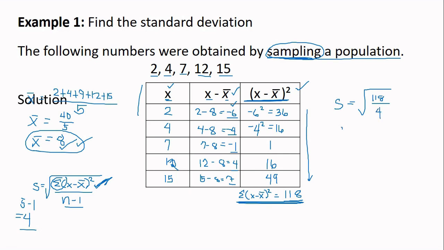So that would be s equals the square root of 118 divided by 4, that will give us 29.5. And then the square root of that is 5.43. We round it off to 2 decimal places. So, this would be our standard deviation.